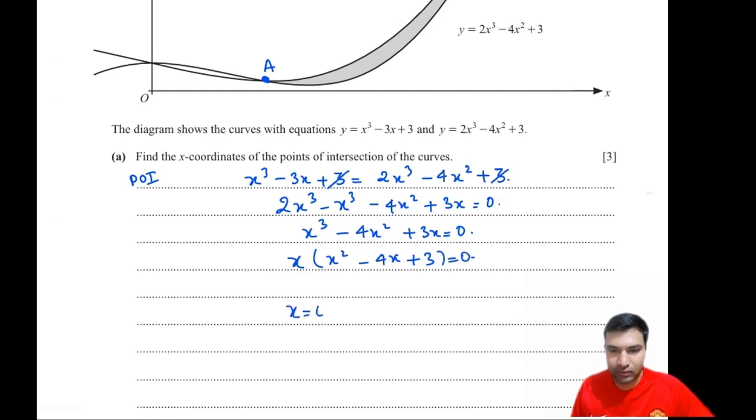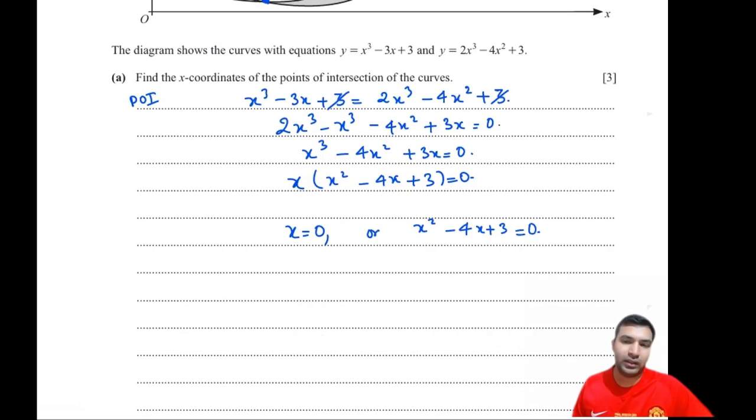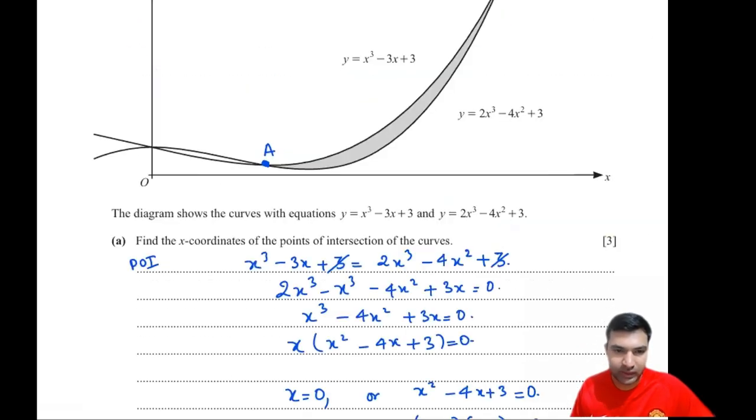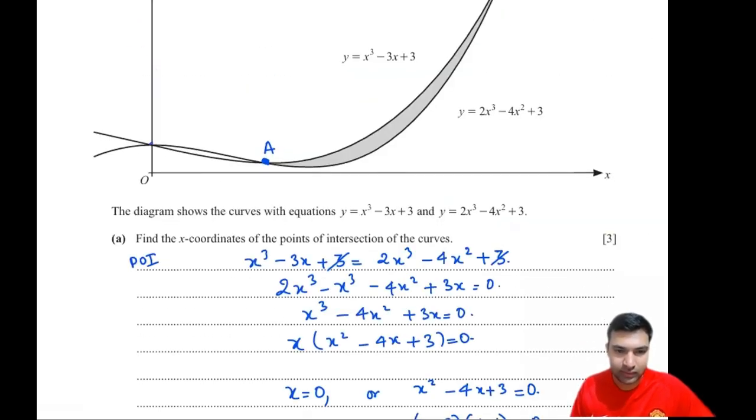Therefore, we get x equal to 0, or x squared minus 4x plus 3 equal to 0. Two numbers whose product is 3 and whose sum is 4 are basically 3 and 1, right? So x minus 3 times x minus 1 equal to 0. Therefore, we get x equal to 1 or 3.